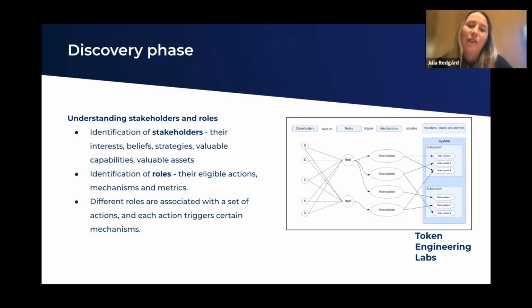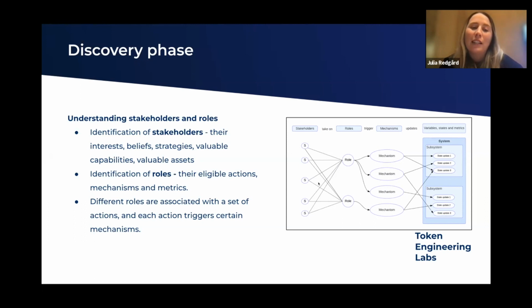And here we like to make the distinction between stakeholders and roles, where stakeholders usually are associated with their interests, strategies, valuable capabilities, and valuable assets. And as you can see here, we have all of the stakeholders, but each stakeholder can take on different roles. So it doesn't mean that just because you're one stakeholder, you cannot take another role, but you can take several roles.